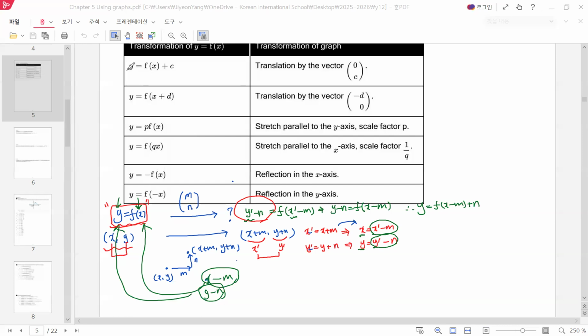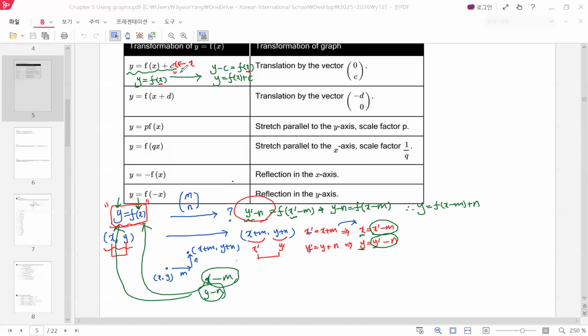Then let's see, y equals f(x) plus c. It means that y equals f(x) is the original function, and y equals f(x) plus c is the new function. Y equals f(x) plus c is y minus c equals f(x). So for the translation, it looks like we substitute x for x because there is no change, right?